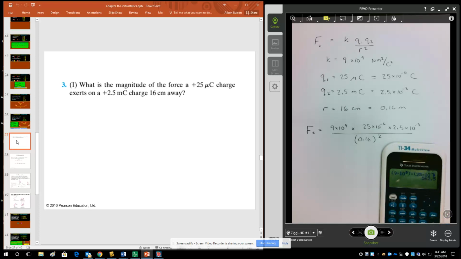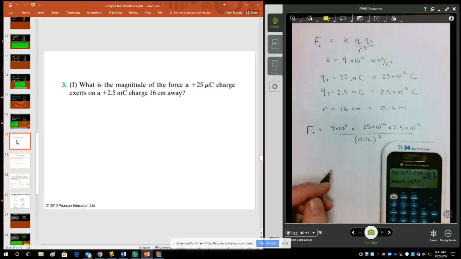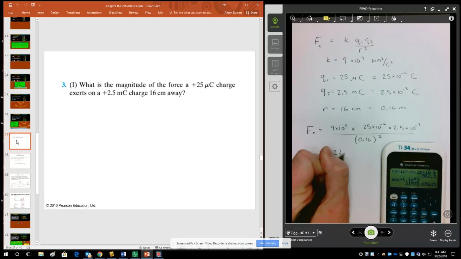Okay, so across the top I have 562.5, and then I divide this by 0.16 squared. Again, shouldn't need the parentheses, but I'm not sure. Okay, and so I have a force of 21,972. Let's round up to 22,000 newtons.